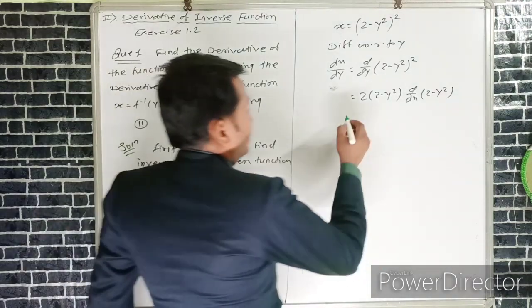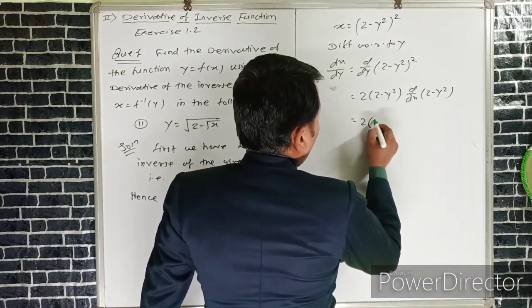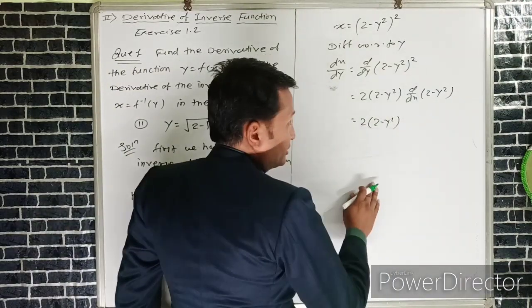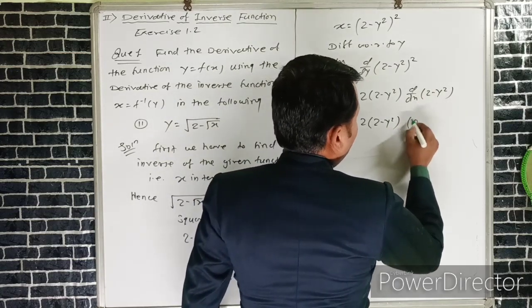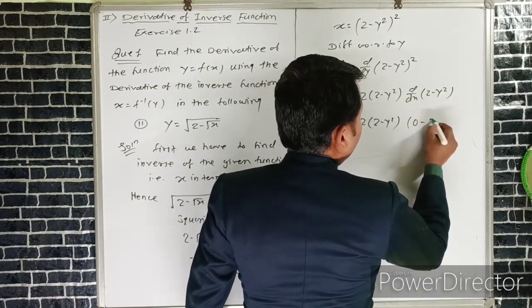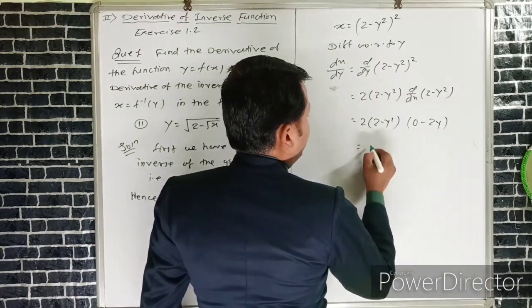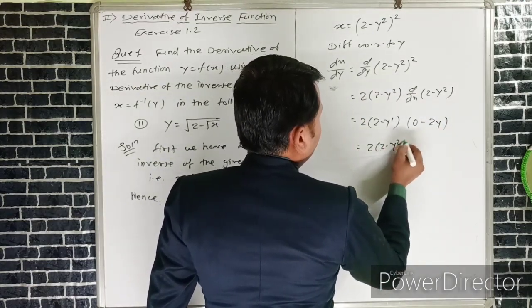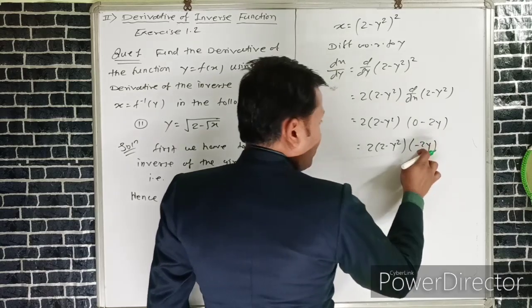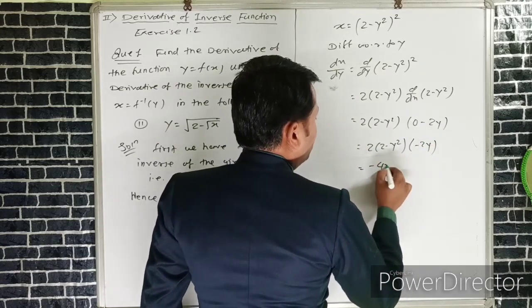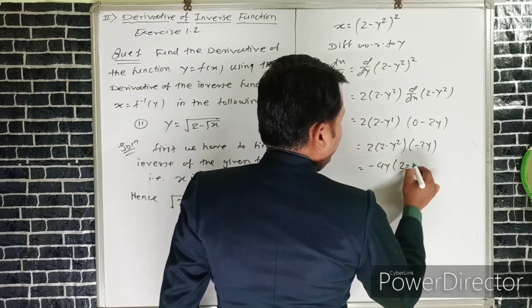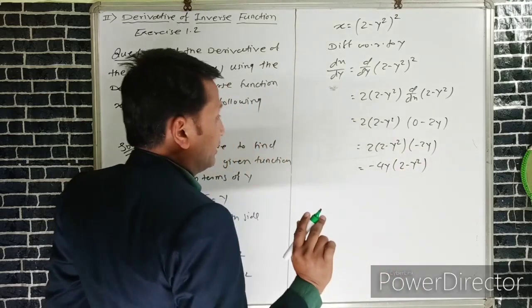The derivative of 2 is 0 minus the derivative of y square, which is 2y. Now again we can write 2 into (2 minus y square) into minus 2y, which is minus 4y into (2 minus y square).